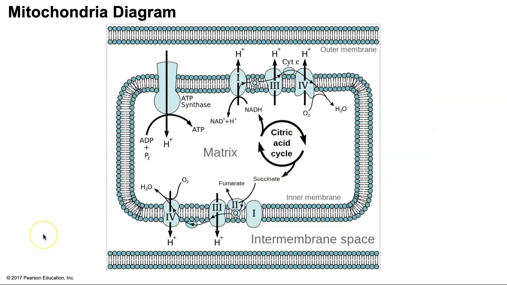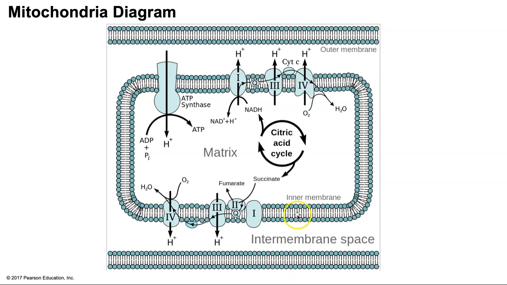And just so that you see yet another representation, because you never know how you'll see this on an exam, here is a mitochondria diagram. Same thing. So we have the outer membrane, and let's just imagine that this whole thing is the mitochondria. Then we have the second membrane, which is the inner membrane.